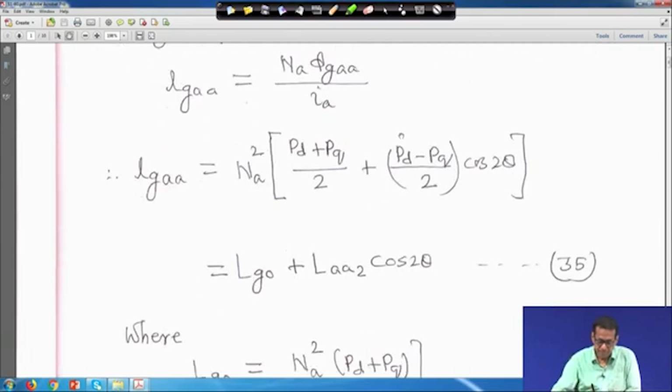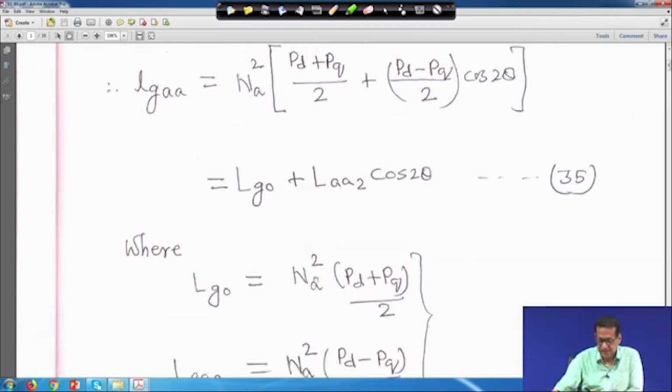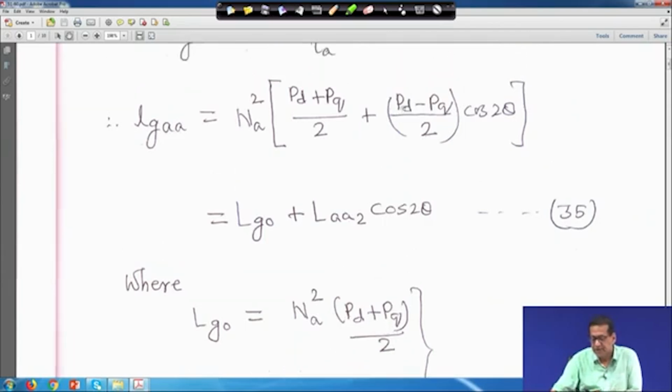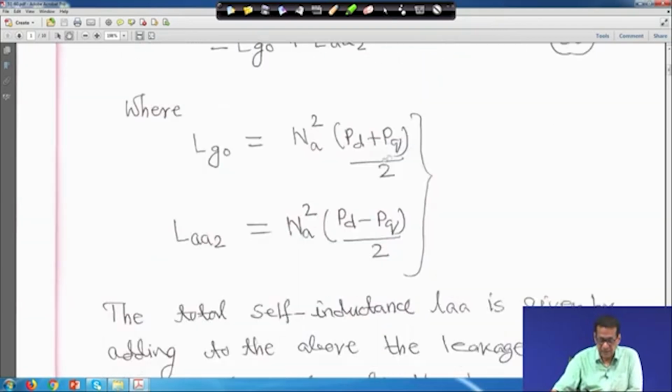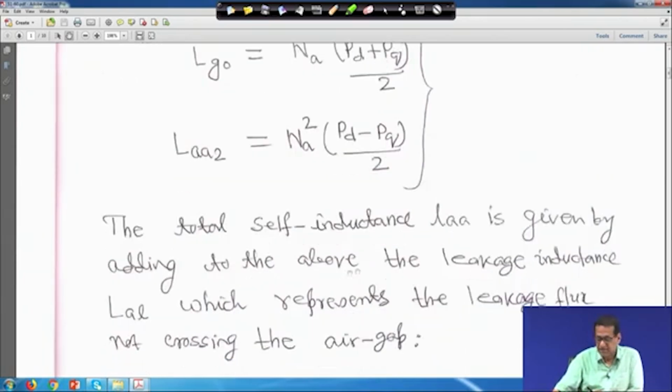Where L_g0 is equal to N_A square into (P_d plus P_q) upon 2, and L_aa2 will be N_A square into (P_d minus P_q) by 2. So the total self inductance L_AA is given by adding to the above the leakage inductance L_Al.